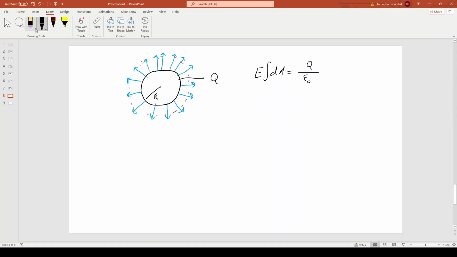And so if my Gaussian surface has a radius little r, then I've got E 4 pi r squared equals Q over epsilon naught. And E is going to equal Q over 4 pi epsilon naught r squared, which is the same thing as k_e Q over r squared, which is the field of a point charge.